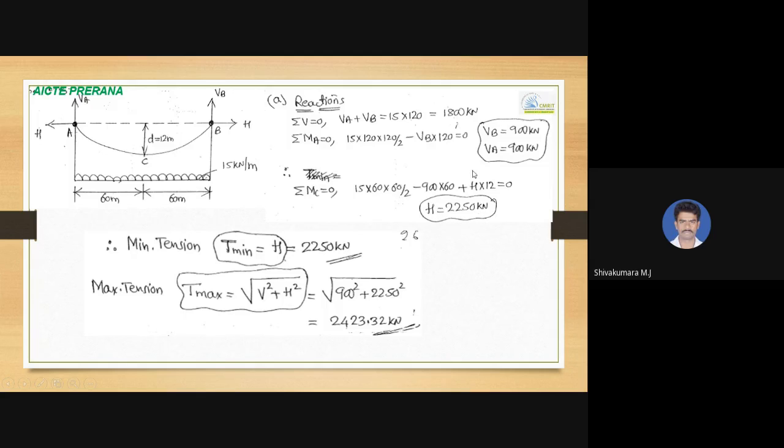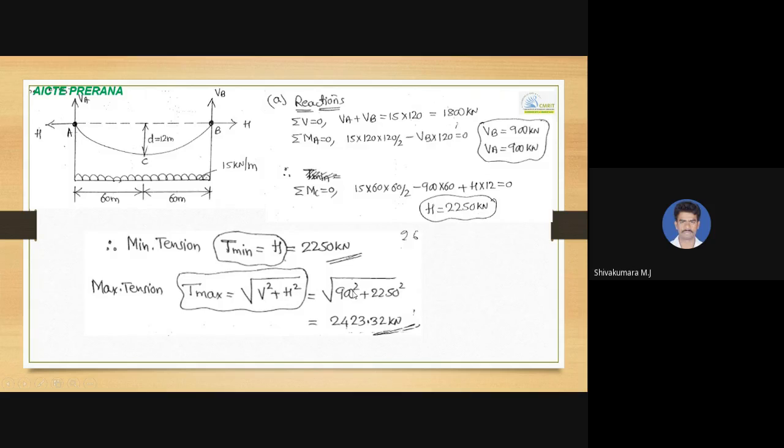So the values of H, VA and VB are done. The maximum tension force is root of V square plus H square. Both supports have the same V value, so both have maximum values. We substitute the value of V as 900 and the value of H as 2250. Square is required in this formula.